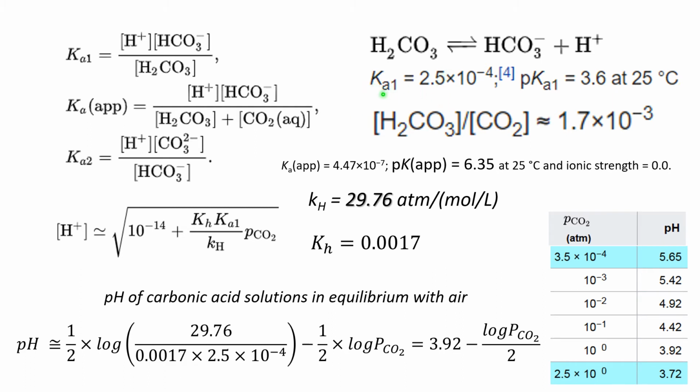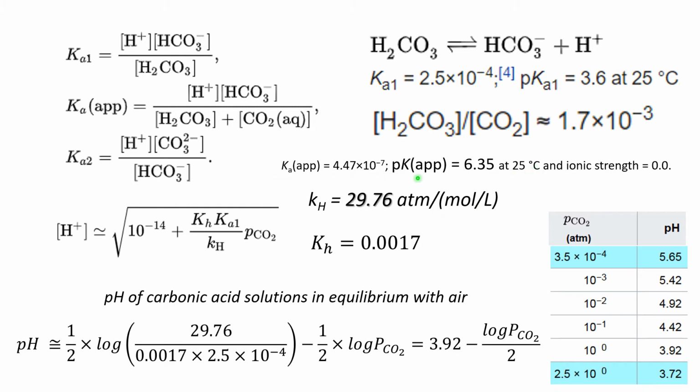As we have seen, this Ka1 is a relatively big number. But because most of our H2CO3 is in fact CO2, this ratio is very small. You have an apparent constant that is a much smaller number, 4.5 times 10 to the negative 7 instead of 10 to the negative 4, and pK is 6.35 at 25 degrees.